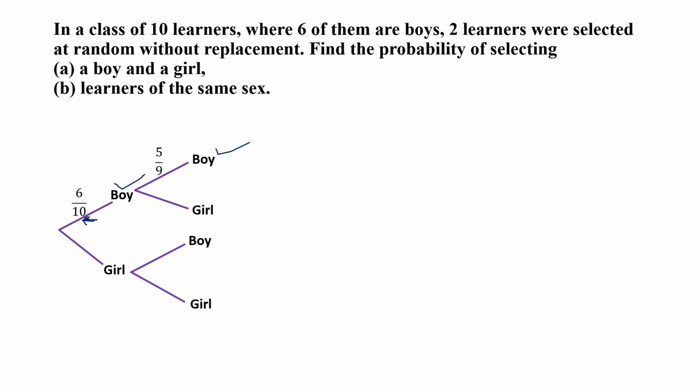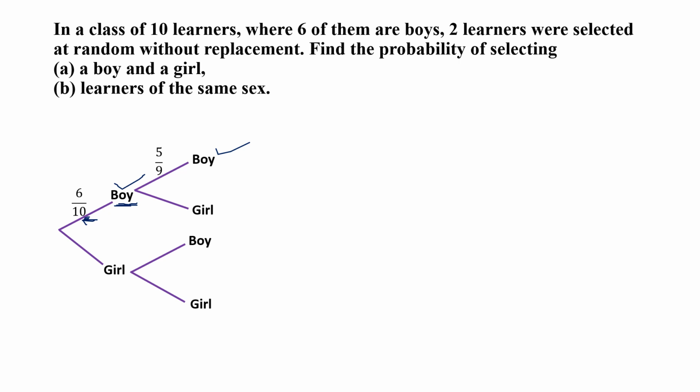It's without replacement, so this boy is now out. So we now have 5 boys. This sixth one is out. That's this one. 5 boys. And since this boy is now out, the total is now 9. So the probability of picking a boy after a boy is now 5 over 9.